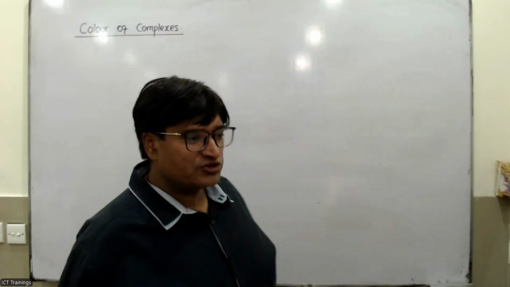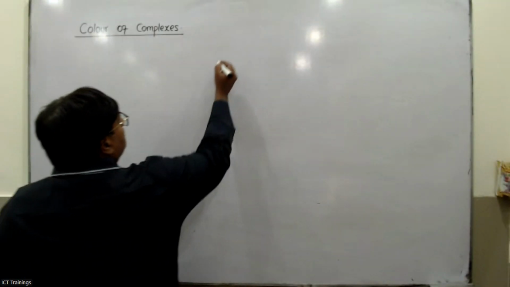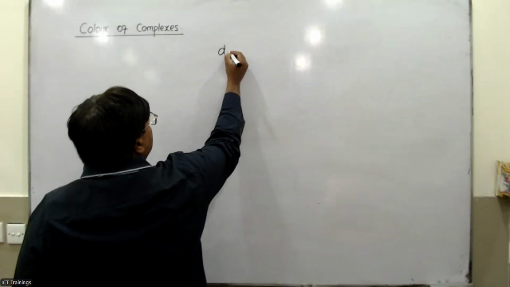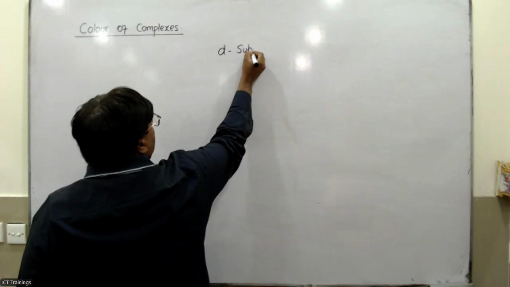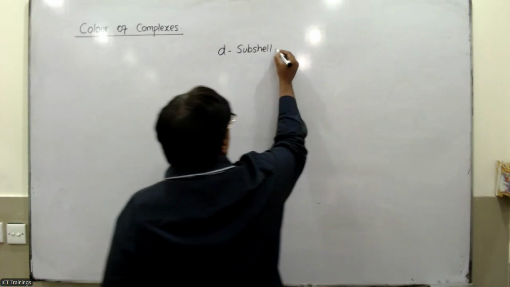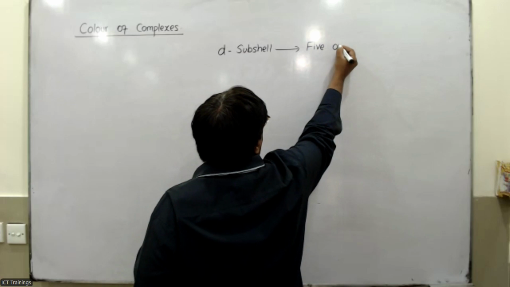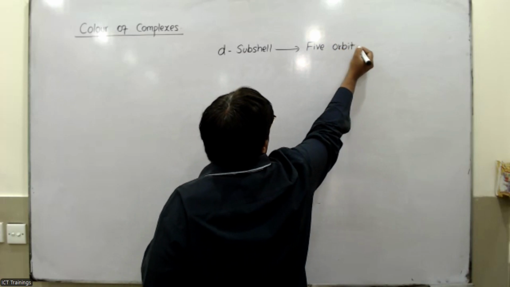Okay. So before starting this one, my dear, let me tell you first of all, we got the d subshell. You know that the d subshell has five orbitals.